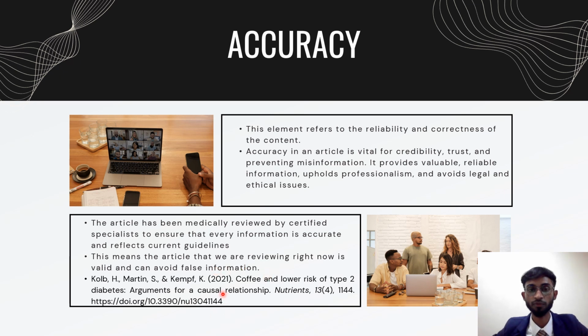This is one of the additional resources that I looked for to make sure the information stated in the article is correct. And it is right that habitual coffee consumption reduces the risk of type 2 diabetes mellitus, and this is one of the pieces of evidence that I have collected. This research was conducted and published in March 2021.